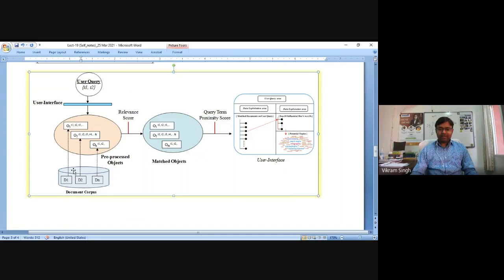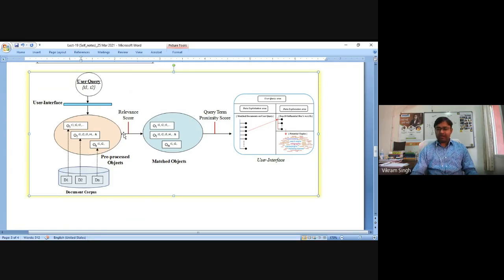These documents have been generated with the surrogate objects O1, O2, O3 till ON, pre-processed objects. So this user query T1, T2 is matched with these objects, and to get the basic set of objects, we have applied some similarity measure, right?